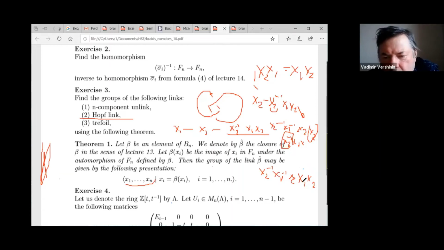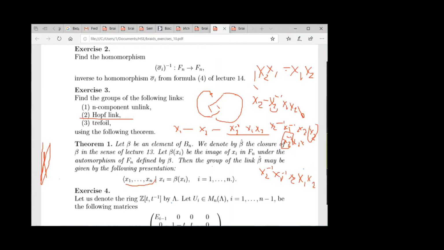So you have two generators, x1, x2, and two relations that are actually the same relation, x2 x1 = x1 x2, which is commutative. So we get that the group of the Hopf link is commutative. Tatiana, you agree? Yes, I agree. Thank you.